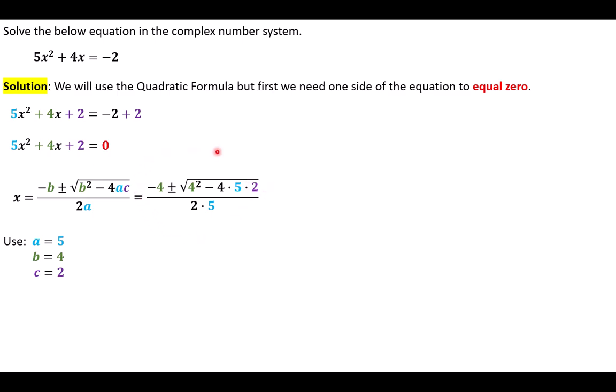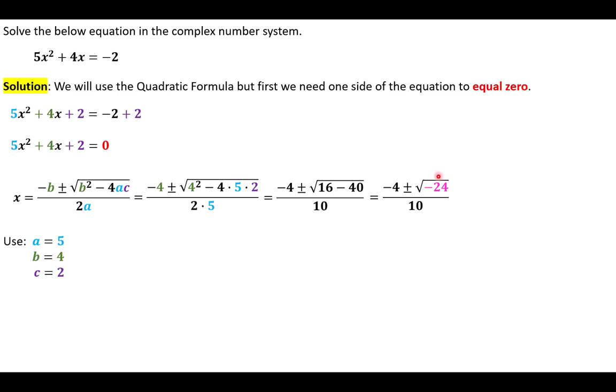Now our job is to simplify this expression as much as possible. First, in the denominator, 2 times 5 is 10. Inside this square root, we have this 4 squared, which becomes 16. 4 times 5 is 20, and 20 times 2 is 40. Now, 16 minus 40 is negative 24.